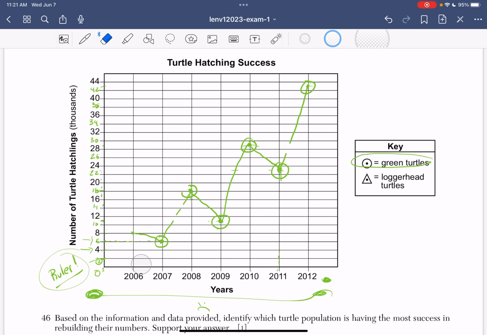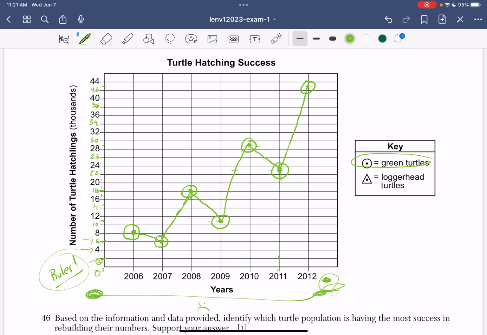I don't know if I've mentioned this in my other videos, but you should be doing graphs with a pencil. You are not doing a graph with a pen. How dare you? You make a mistake and you're done. You can't ask for another exam, for another booklet. You're crazy. You're doing a graph with a pencil so that you can erase.